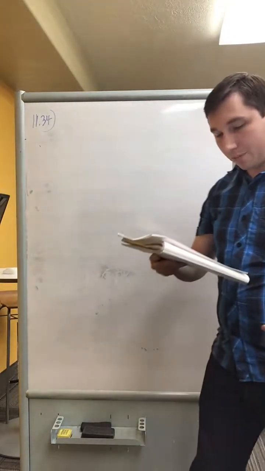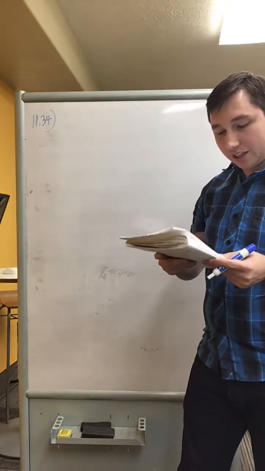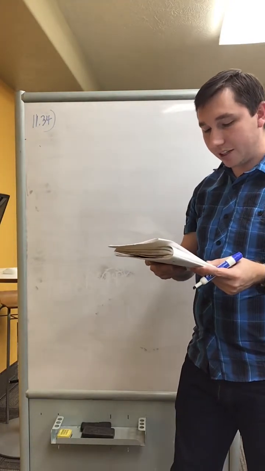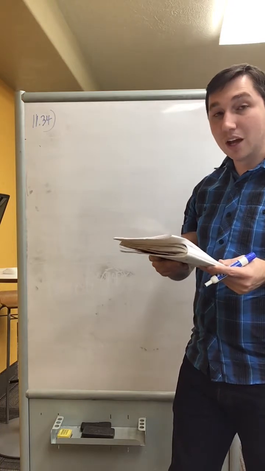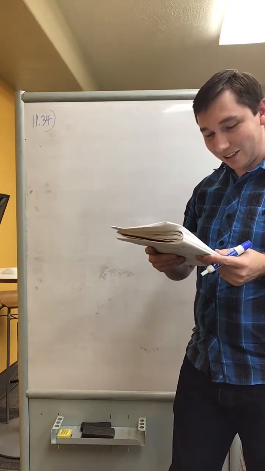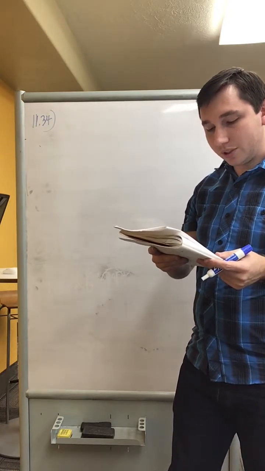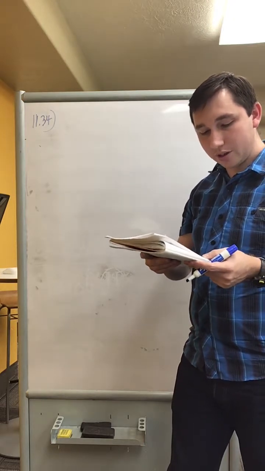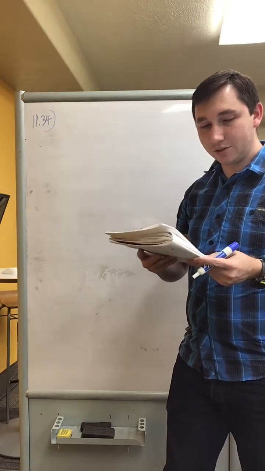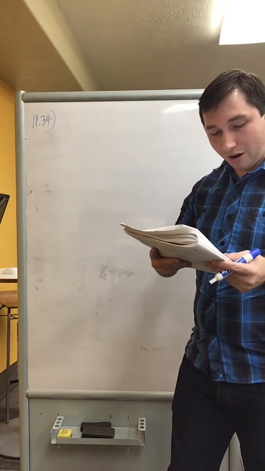Alright, so this is problem 34 from chapter 11, and the problem reads: in the Challenger Deep of the Marianas Trench, the depth of seawater is 10.9 kilometers from the surface, and the pressure is 1.6 times 10 to the 8th pascals, or 1.5 times 10 to the 3 atmospheres, ATMs.